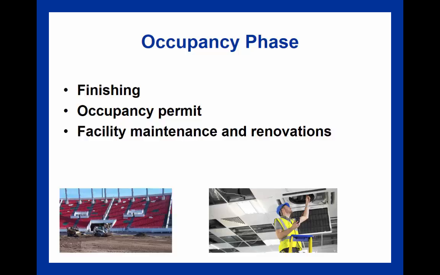The walkthrough and inspections would be completed, and the facility would be open to the public, which would require an occupancy permit. And then the facility would be hopefully maintained adequately over the years through periodic repairs, and renovations would occur as needed. And that's really the construction process.